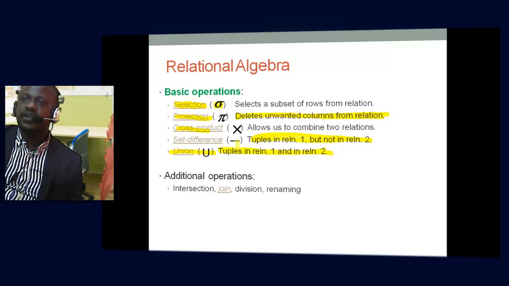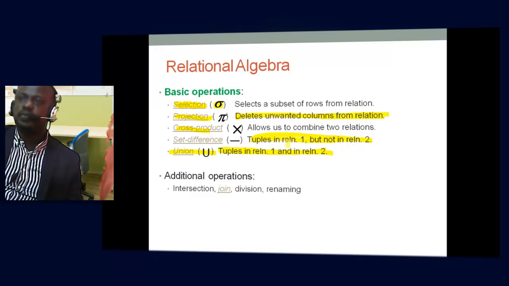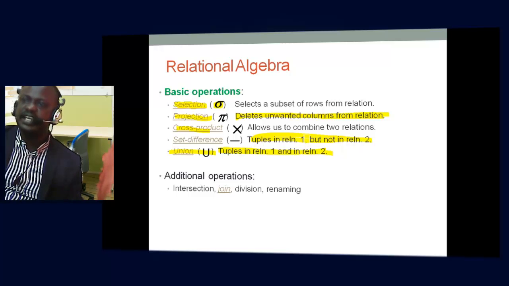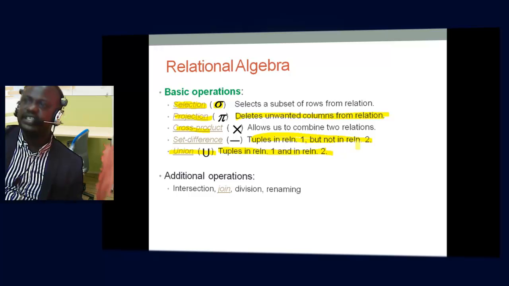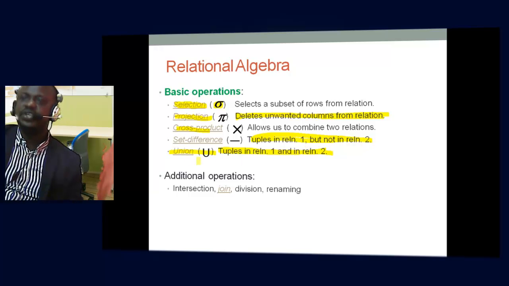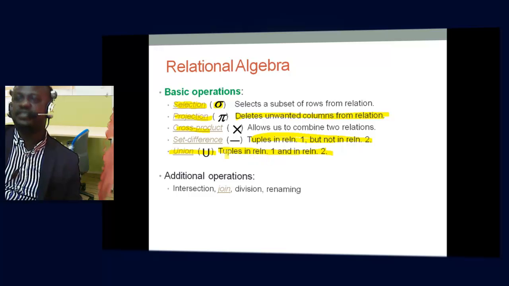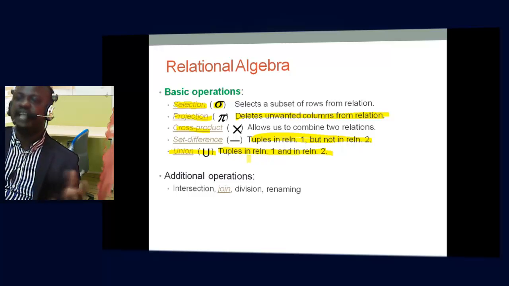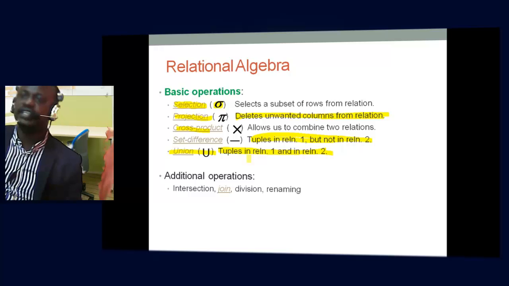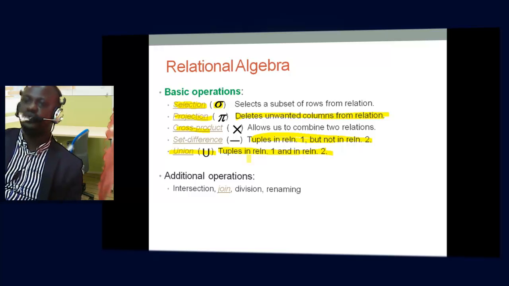When we talk about the difference, we are looking at the tuples that are in relation 1 but not in relation 2. Let's say relation 1 minus relation 2, then you are looking at the tuples in relation 1 but not in relation 2. Then union is a combination. When you talk about the union, you are trying to combine the 2 relations, the tuples in relation 1 and relation 2.